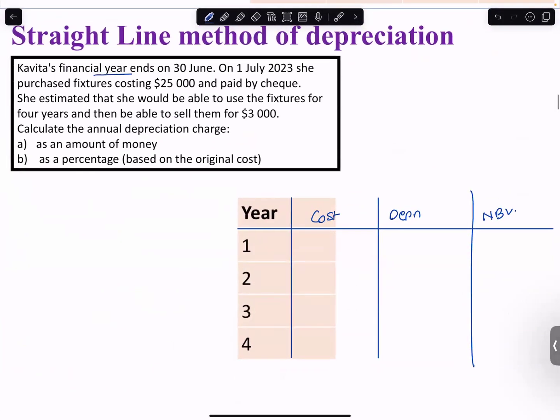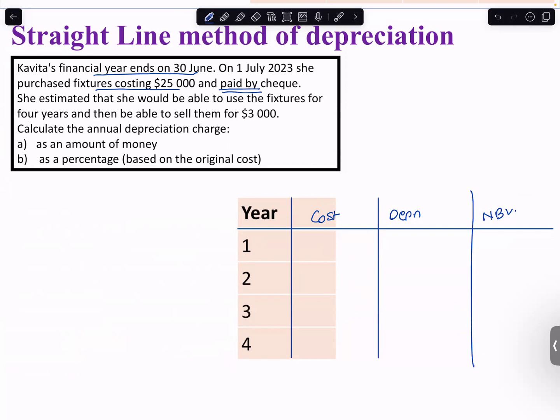Kavita's financial year is ending on 30th of June. She is purchasing a fixed asset costing 25,000. There is a fixture whose cost is 25,000 and she has paid for it by check.